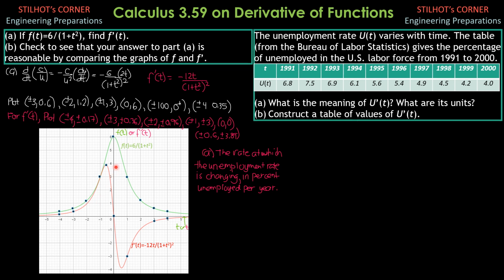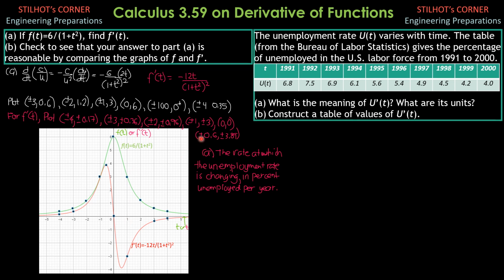Then negative 1, negative 1, positive 3, then positive 1, negative 3 here.